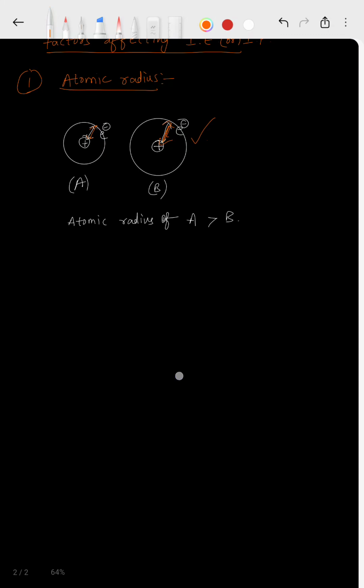So what can we write here? IE of B is less than that of A. Yes or no? Sorry, here I made a mistake. Here I wrote the atomic radius of A is less than that of B. Now IE of B is less than that of A. Yes or no?